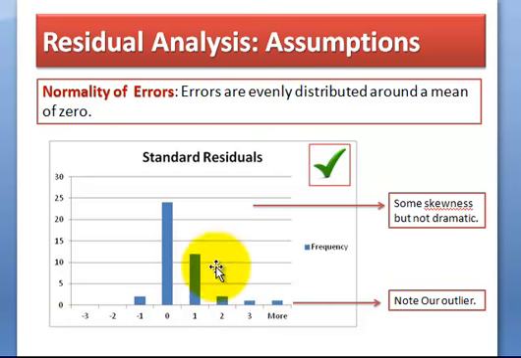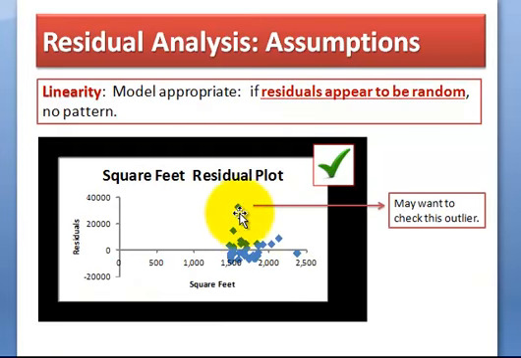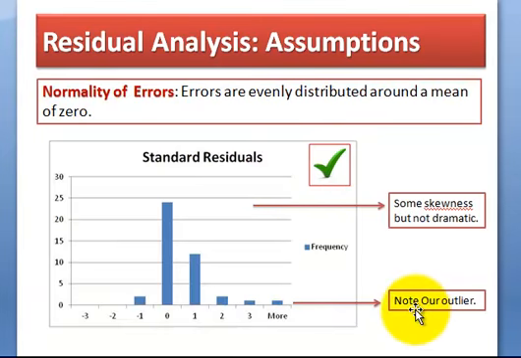What we're looking for is a standardized bell-shaped curve. Even though this isn't perfect, I would say it's pretty darn close. We have a little bit of skewness to the right, but it's not dramatic. And notice this "more" is our one outlier, right? That shows up there. So this passes the normality of error test.